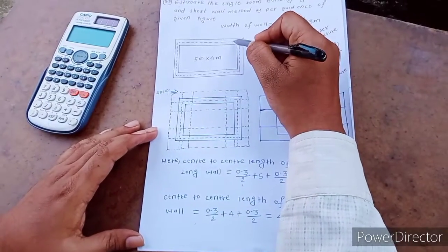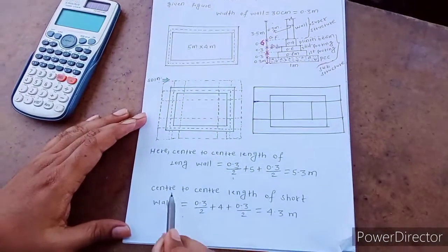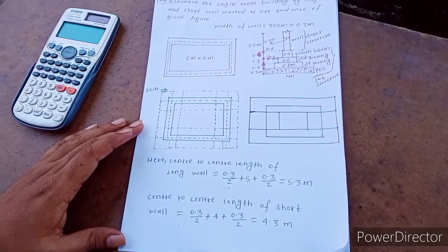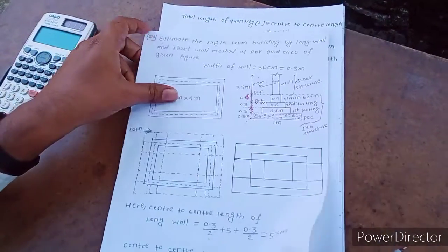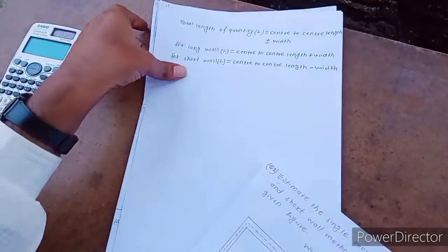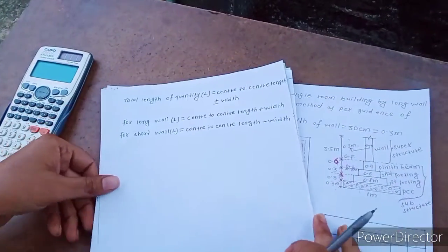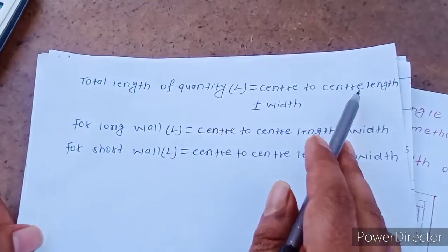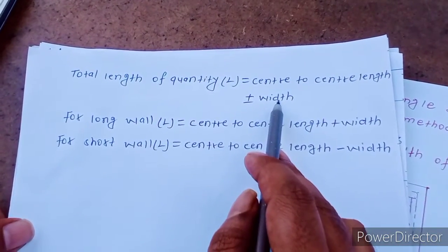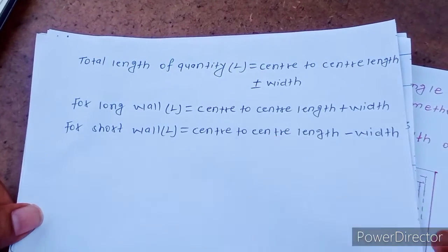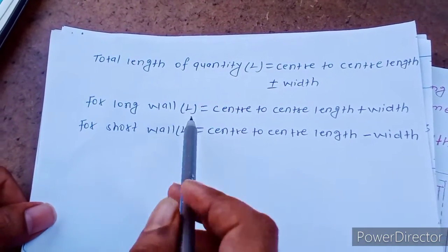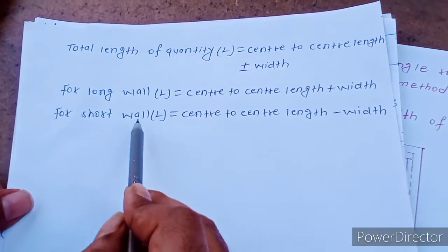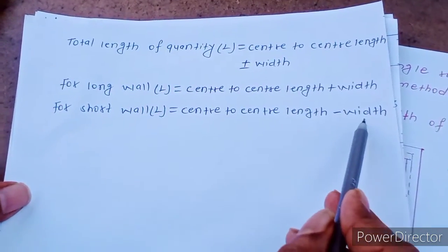So the total center to center length of the short wall is 4.3 meter. Now the total length of quantity L is equal to center length plus or minus width or breadth. It means for the long wall, L is equal to center length plus width, and for the short wall, center length minus width.